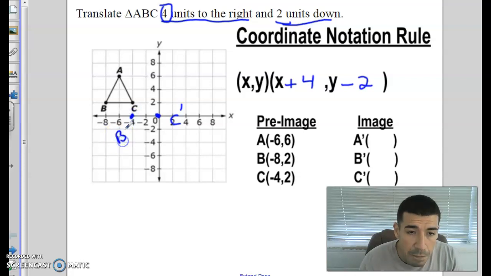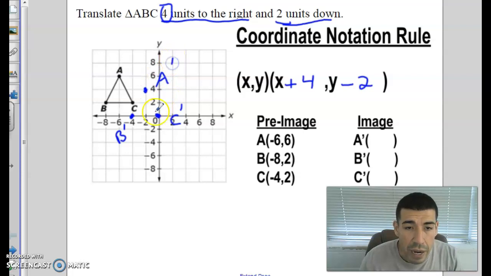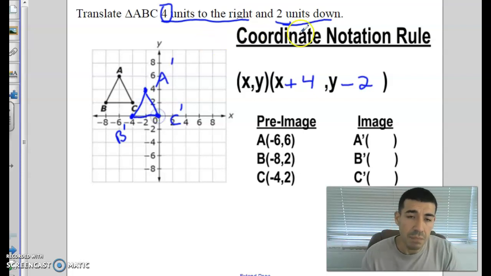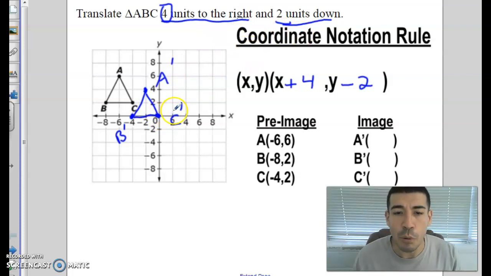That is new B. And then A is going to go in the same direction, 4 to the right and 2 down, which is actually here. That is new A. Then you connect the dots, and there you go. You're done. I know I'm not so great at drawing this, but you get the point.